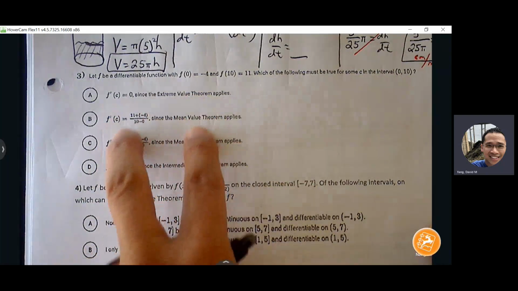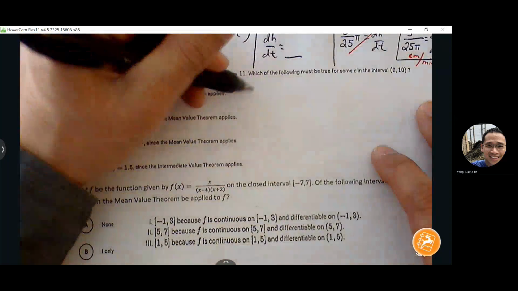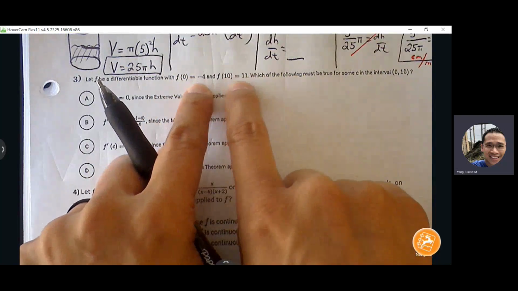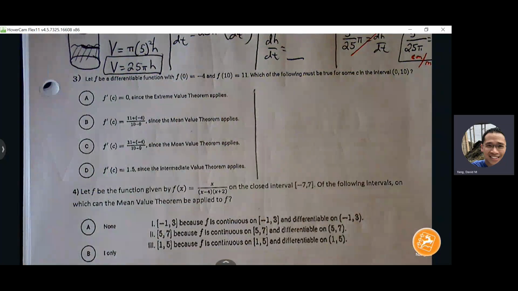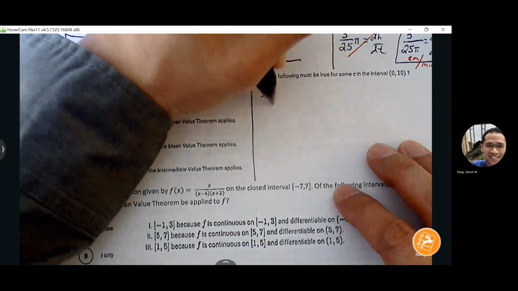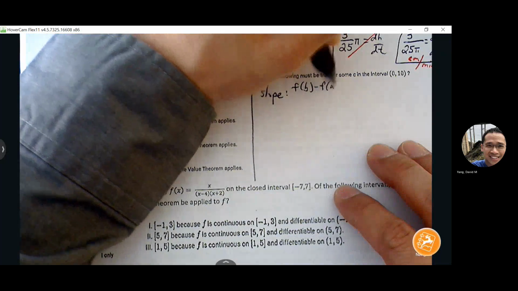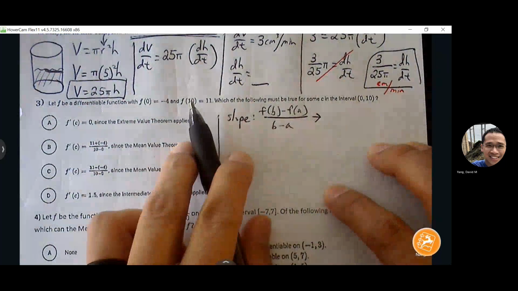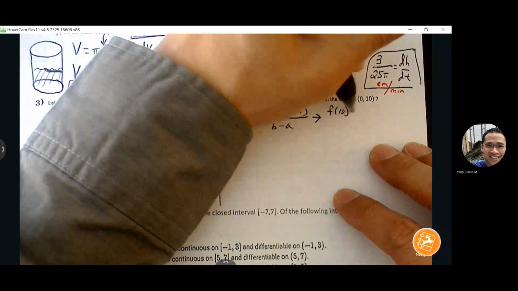So we have information about EVT, we got MVT. So we see MVT involved, so let's just go through and find the slope, right? Because whatever slope that we can discover here, we can guarantee that that slope must exist somewhere on that curve. So f of 10 minus f of 0, or 10 minus 0.